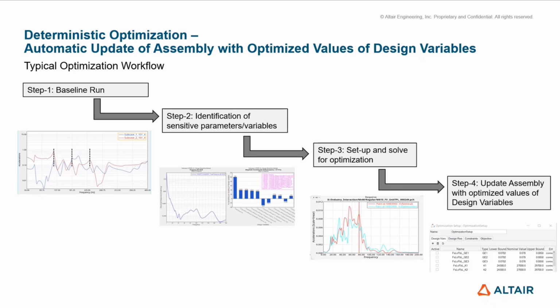This is an important step because people don't stop only at optimization. They also want to update their assembly or model with their optimized values. Till the previous releases, we were successfully able to handle the first three steps, and step number 4 was something for which we put in a lot of effort, and we will see now how it has been done.